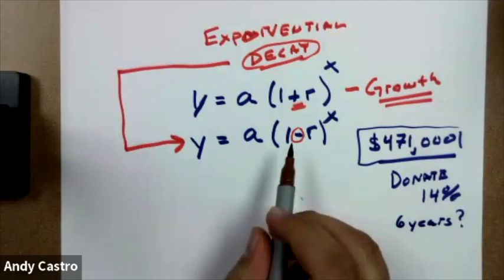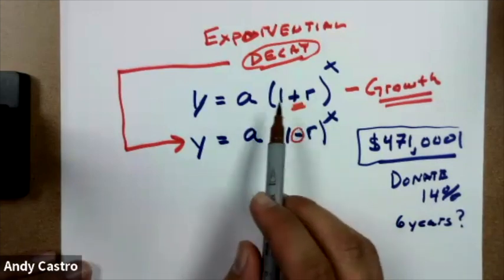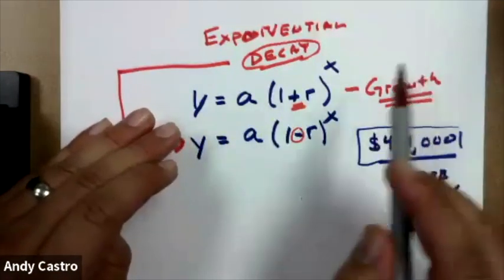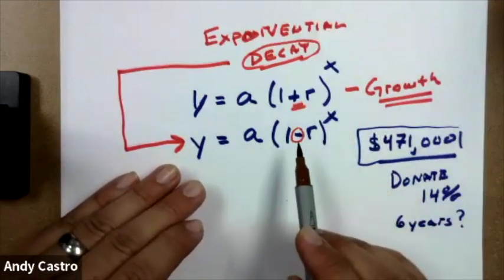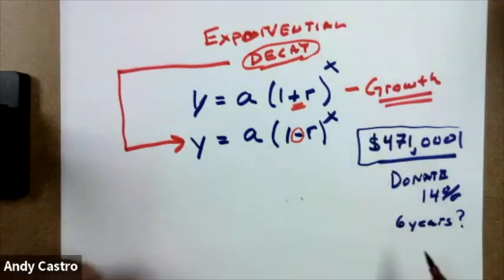So rather than each time, as we saw in the proof yesterday, where we add the rate each time we have an amount, we're going to add 14%. We have a new amount, we're going to add 14%. This is different. We have an amount, we're going to subtract 14%. And we have a new amount, we're going to subtract another 14%, 6 times over the course of 6 years.